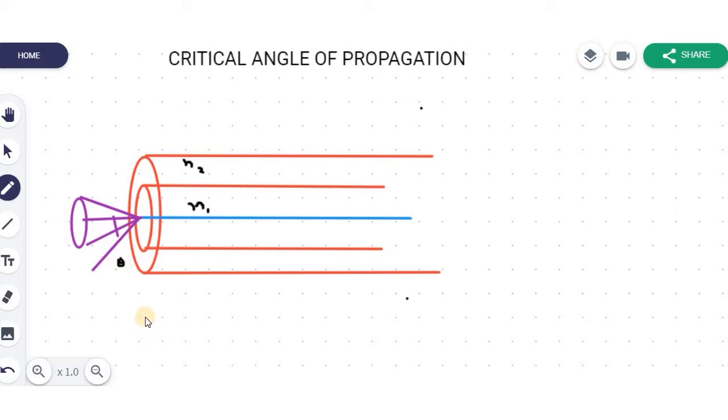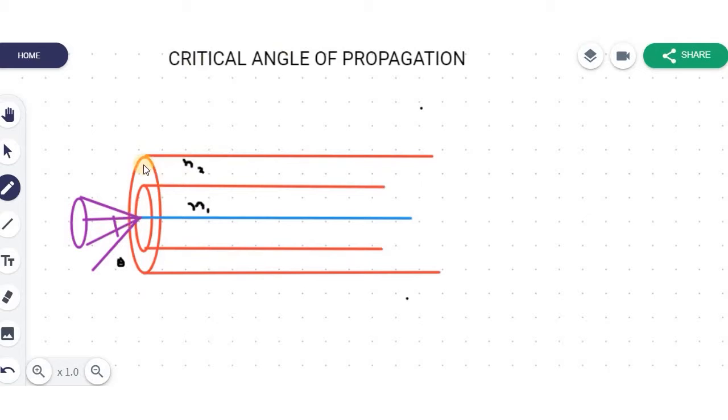So what happens? Here let us consider a step index fiber, where the refractive index of the core N1 is greater than that of the cladding. There is a step discontinuity at the core-cladding interface.